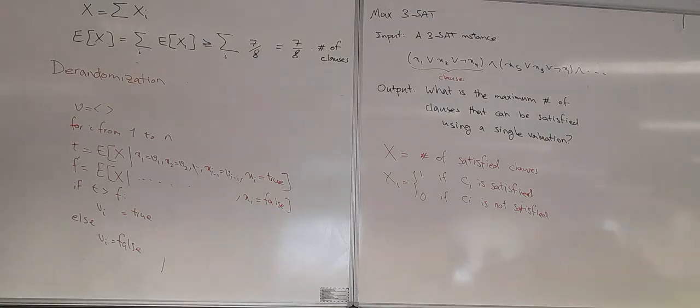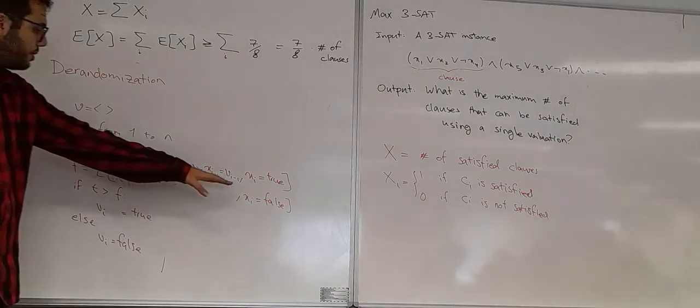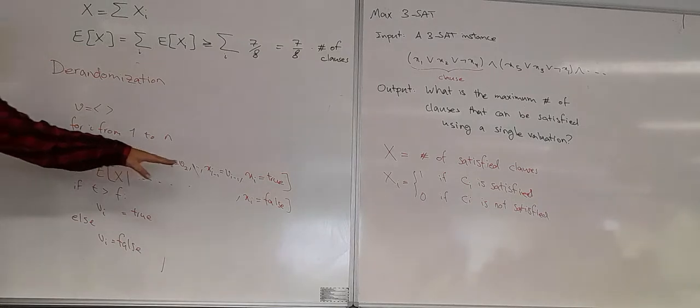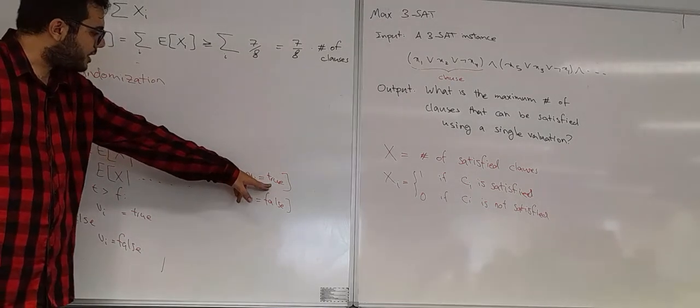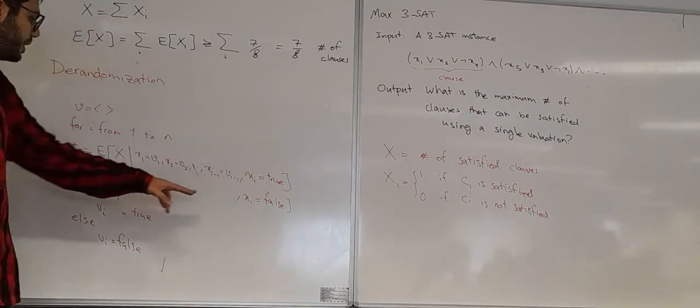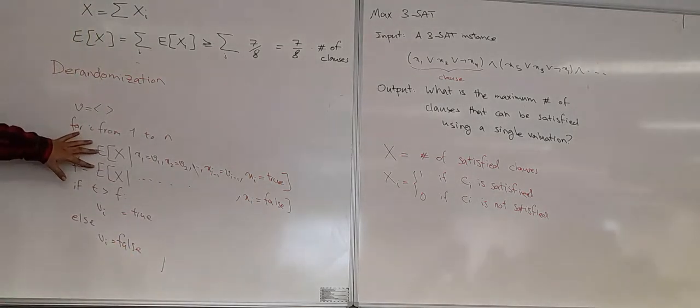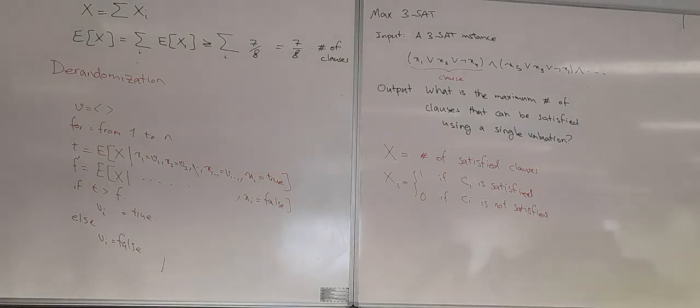Okay, so my algorithm is just going over every possible xi and checking its value. We already have fixed the value for all the previous variables. For this variable, we check what happens if we set its value to true, what happens if we set its value to false, and get this expected value based on that result.